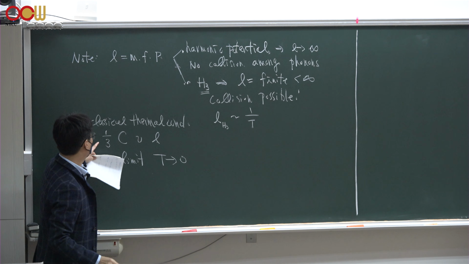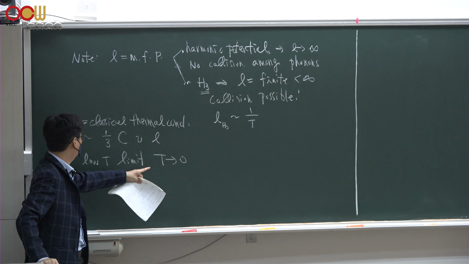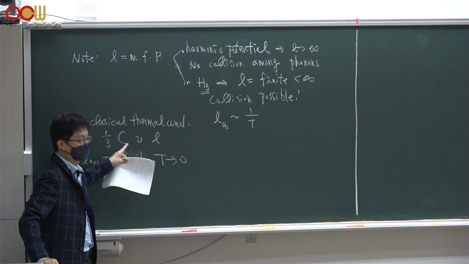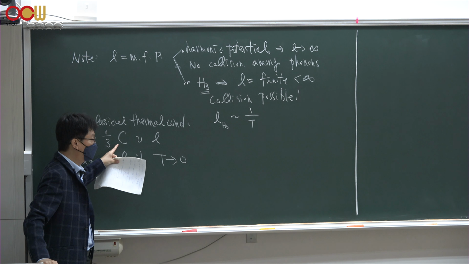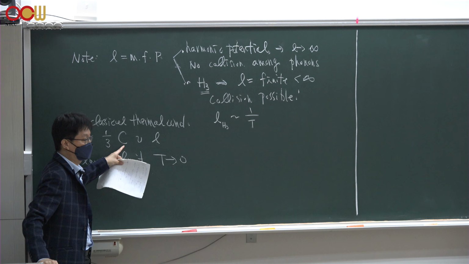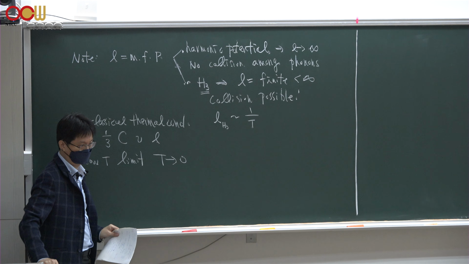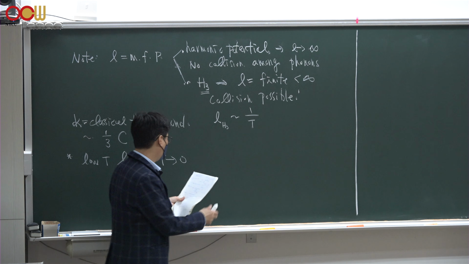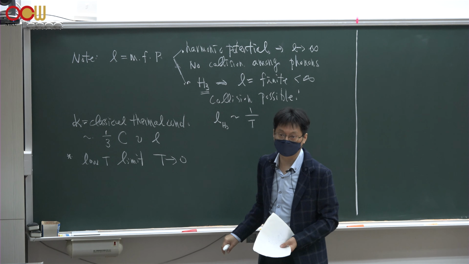Of course, in general, in this quantum regime where the temperature goes to 0, the quantitative behavior of kappa is still, roughly speaking, proportional to the heat capacity, velocity, and mean free path. The prefactor may be different, but this kind of behavior is still obeyed.